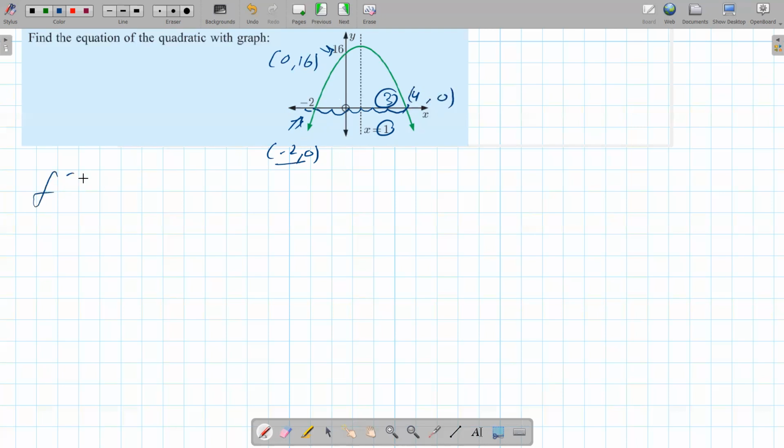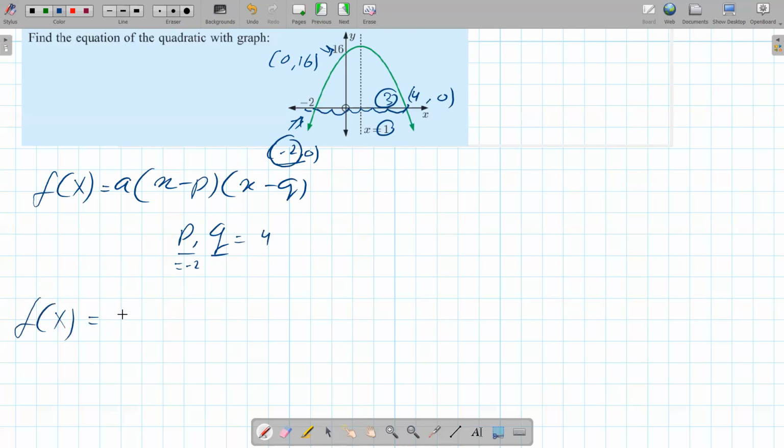Using the x-intercept form, f of x equals a times (x - p) times (x - q), where p and q represent the x-intercepts. The first one will be -2. The second one will be 4. Then we substitute in the equation: f of x equals a(x + 2)(x - 4), since negative becomes positive for -2, and 4 stays negative.